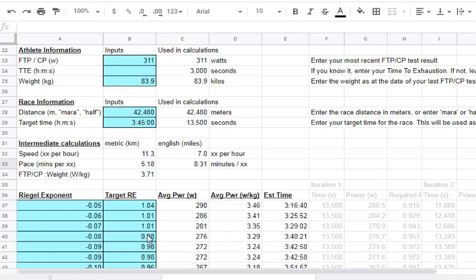The other thing you'll need to know is the running effectiveness that you typically will have for a marathon. Keep in mind that hilliness affects running effectiveness. If you ran a hilly marathon, it's going to be rather low compared to a flat marathon. There are ways of checking your Rigel and your running effectiveness.